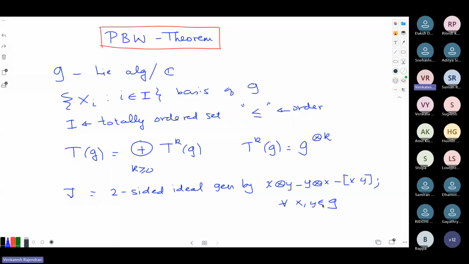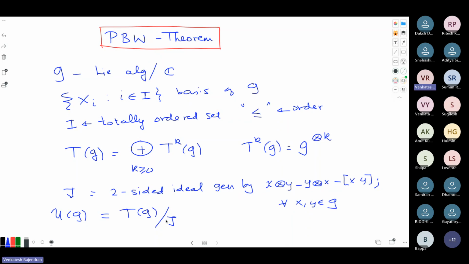Because we wanted the commutator xy minus yx to be equal to the bracket [x,y], we take this two-sided ideal and go modulo that. Then you get the universal enveloping algebra: T(g) modulo J is your U(g).